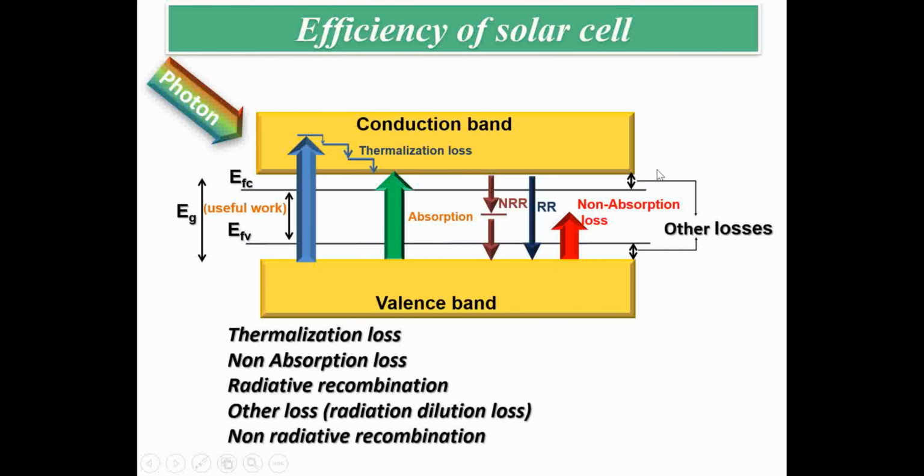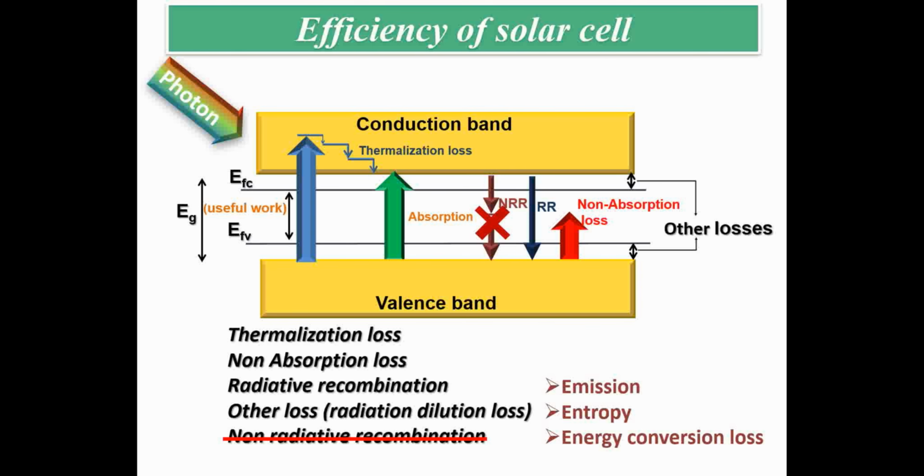Radiative recombination loss is the emission loss, which is intrinsic. The other loss is radiation dilution loss, which occurs whenever energy changes from one form to another. The second thing is that if the change is irreversible, there is a generation of entropy.